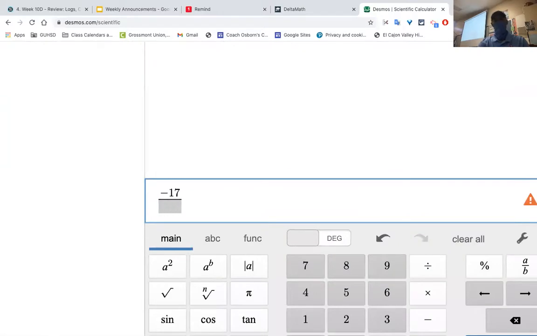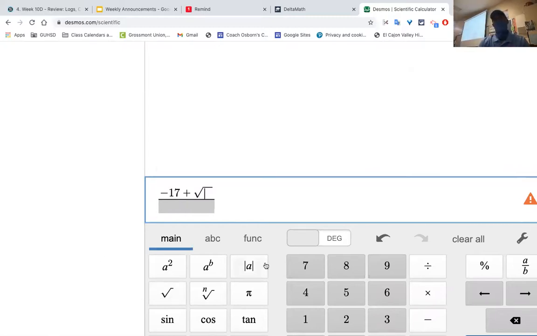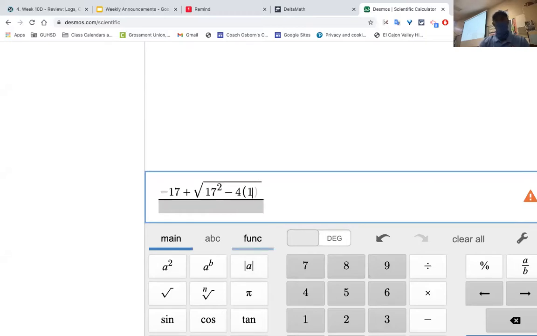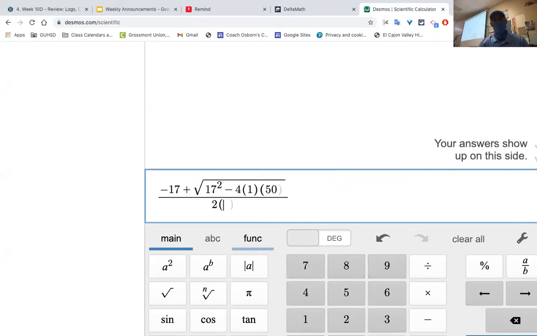And then I can just type out the whole thing. Now remember, the first one, I'm going to add or subtract, whatever you want to do first. And then square root, then hit 17 squared, just basically type out the whole thing, right? It automatically sets up some of these parentheses for you. And on the bottom, it was just 2 times 1.